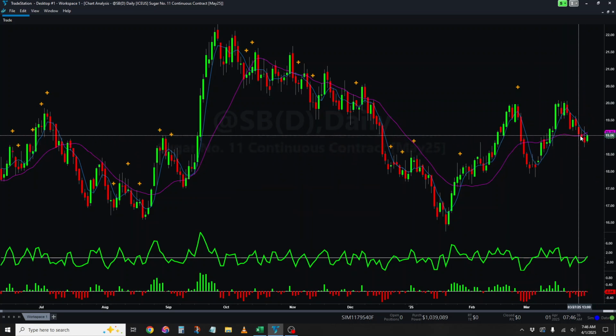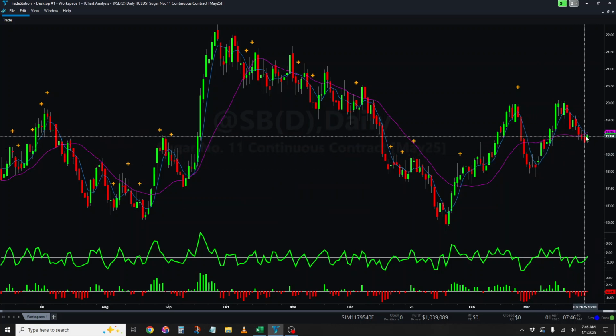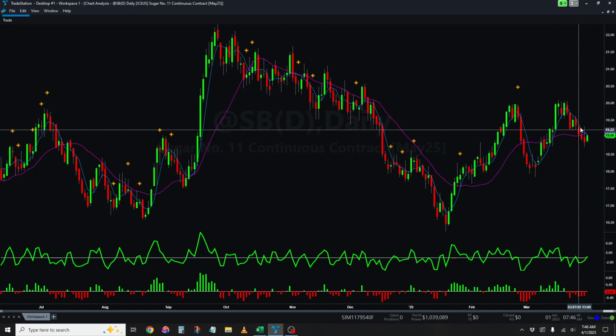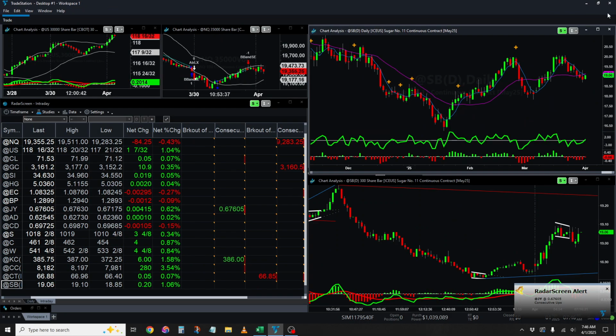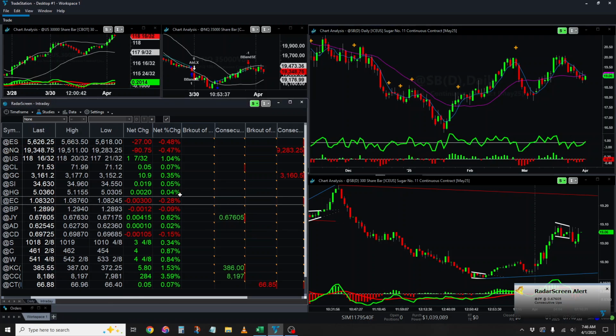So if we get a strong move to the upside here, we might want to be buyers. This might be a little bit longer term. But when I think of sugar, sometimes it's the first one to move in these commodity bull markets. So gold, of course, being the number one favorite of the commodity bull markets, but sugar is showing that.